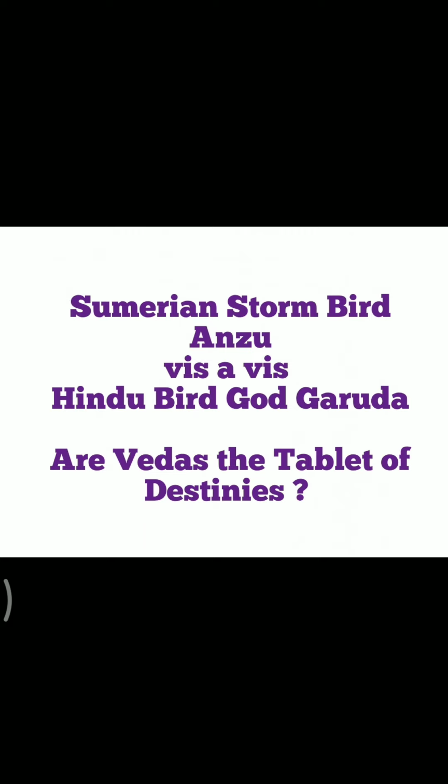These are all actually the original inheritors of the kingdom of heavens. And at least two of them, Anzu and Garuda, are birds. So half man, half bird guys.